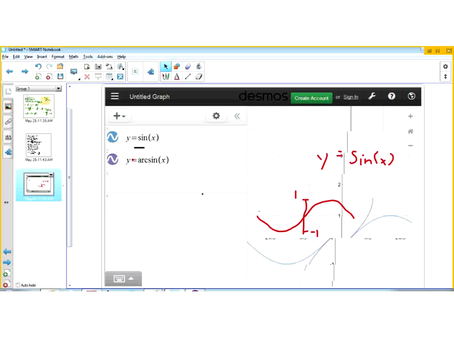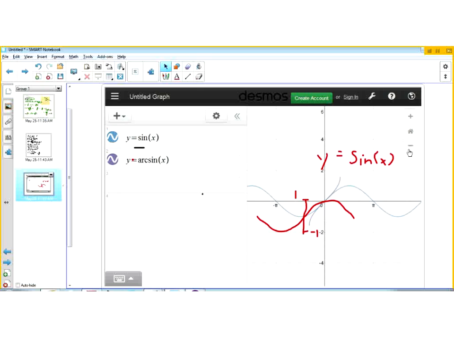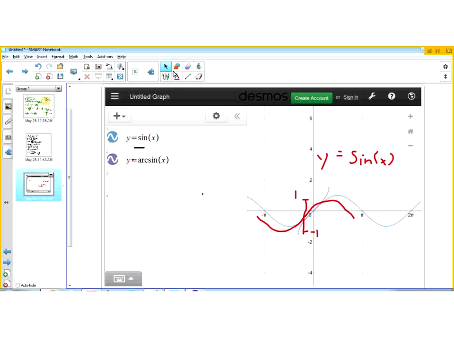Let's zoom back. Zoom out. Zoom in. Okay, so let me erase the red piece. All right, so the purple piece is the inverse of the principal sine piece.